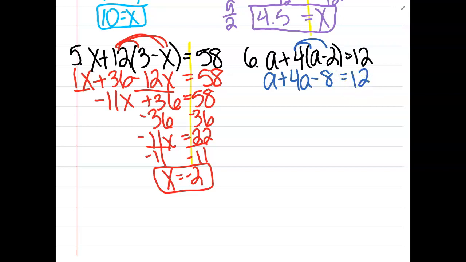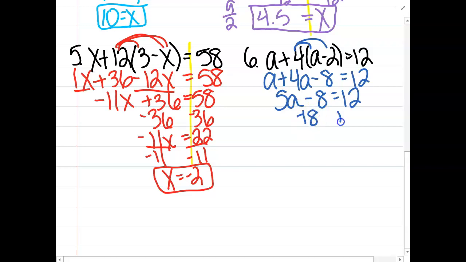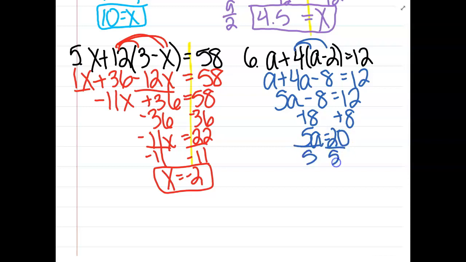What do I do after I distribute? Combine like terms. a plus 4a would give me 5a minus 8 equals 12. And then finish out your two-step equation. Add 8 to both sides. 5a equals 20. Divide by 5, we should get a equals 4.